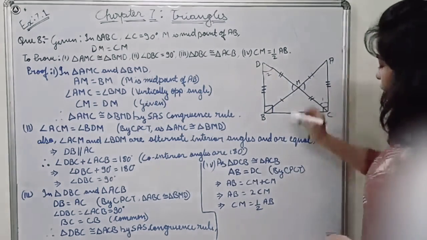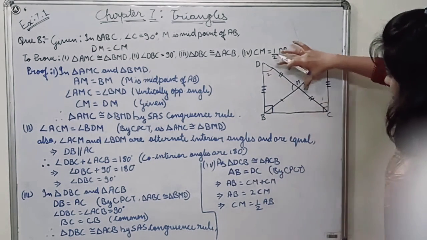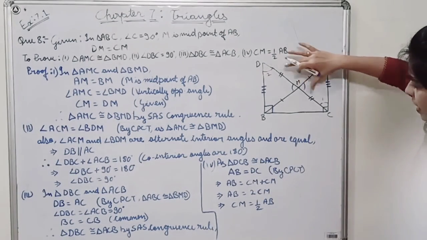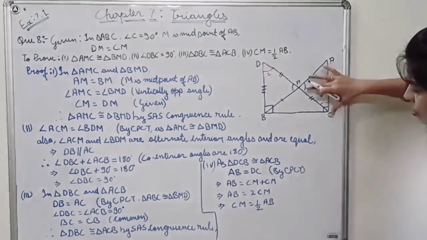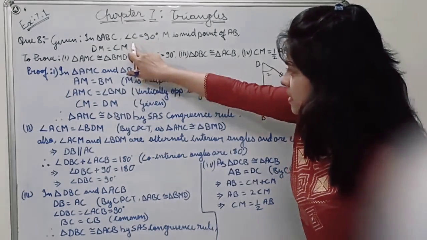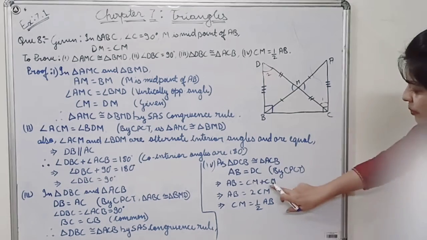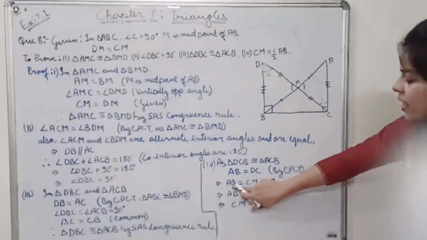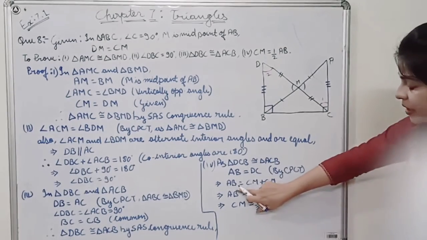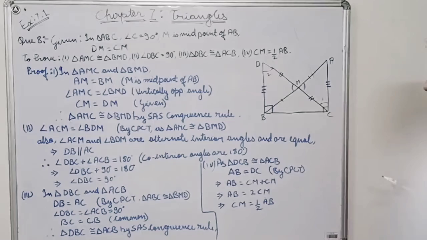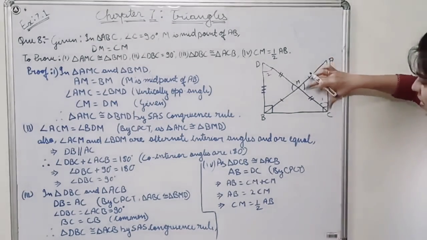In place of DC we can write the sum of DM and CM. Also DM was equal to CM. This is given in the question. So in place of DM I have written CM only, such that we get AB equals 2 times CM, because CM is equal to DM.